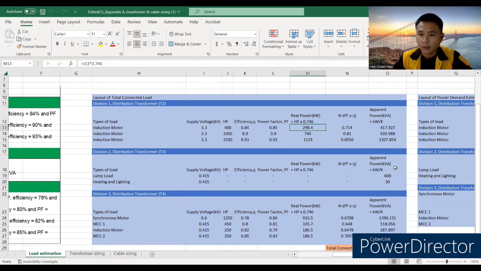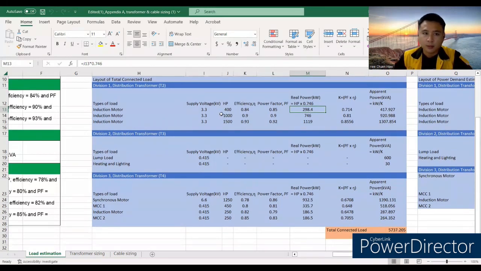After we total everything together, the total connected load in these three divisions is 5,737.205 kilovolt-amperes. Done in calculating the total connected load.